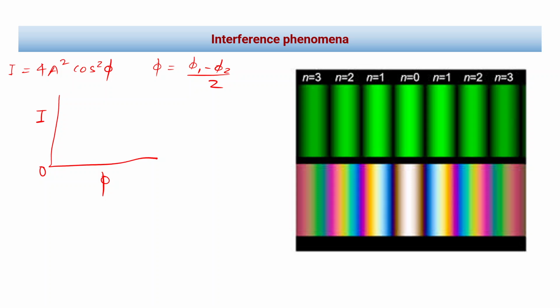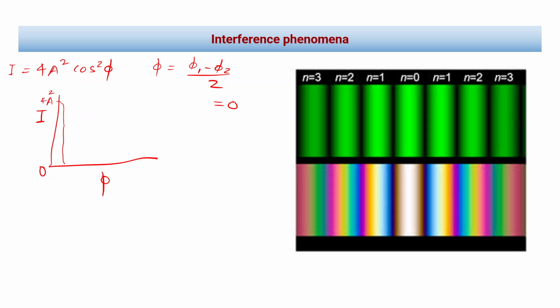If this is 1, that means intensity will be 4a square. That means when the phase difference is 0, we will get maximum intensity. And when phi is 90, cos 90 is 0, so intensity will be 0.